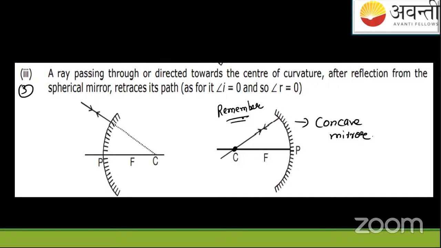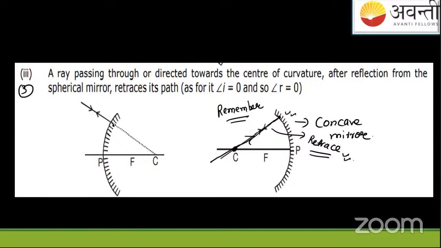This may feel like a new point, but it's like the second, because the second one was the reverse. So if a ray is incident from the center of curvature towards this spherical mirror, say concave, then it will retrace its path. It will come back along the same route.